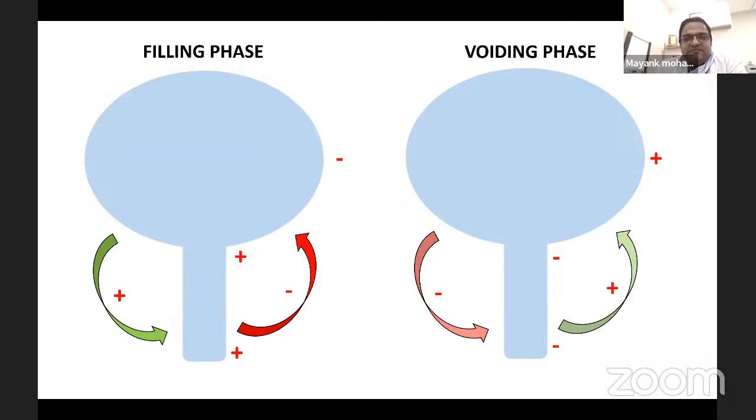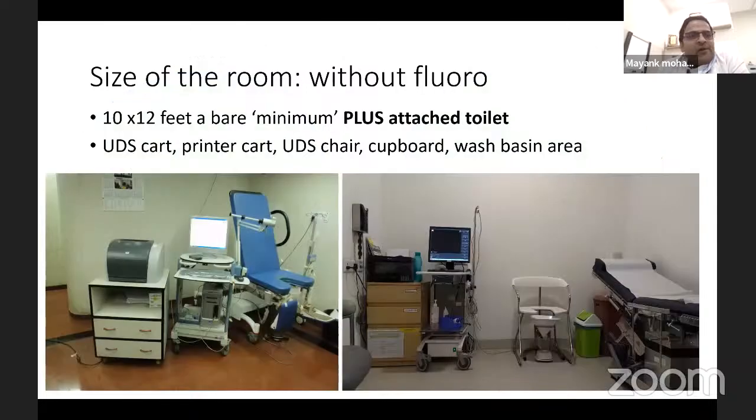So if we remember this basic physiology, not going into details of which nerve supplies what, if we can just know this, that this is the normal function of the bladder and lower urinary tract, we can actually just go mechanically and understand the urodynamics. Now, coming to the size of the room, a 10 by 10 or 10 by 12 feet is a bare minimum room for urodynamics without a fluoro.